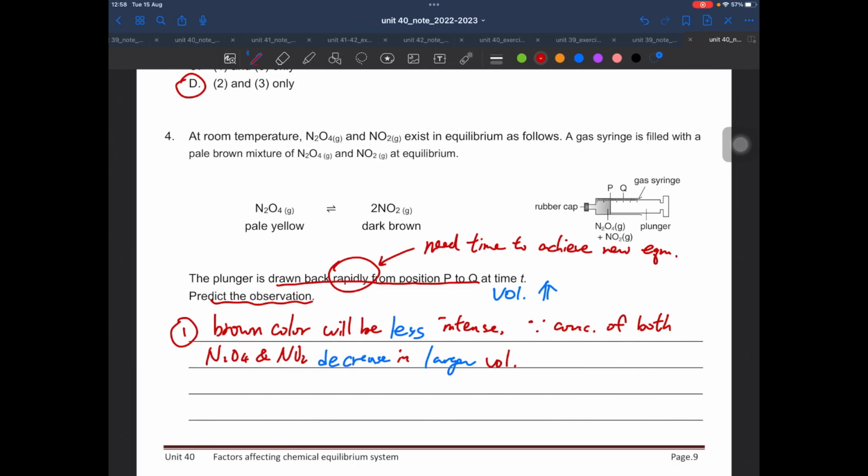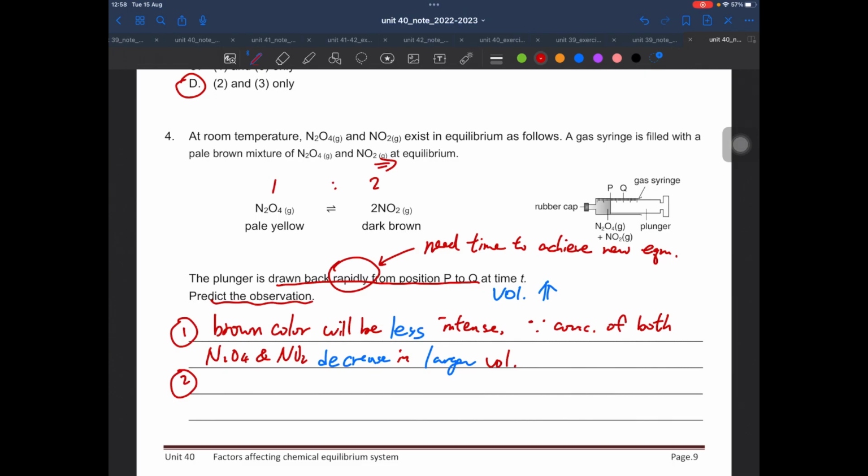Okay. Well, next one is with more volume, the equilibrium position will shift to the side with more molecules. This is 1 versus 2, so that will be to this way.